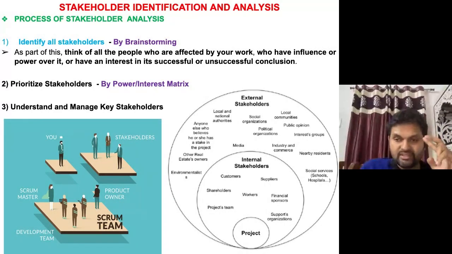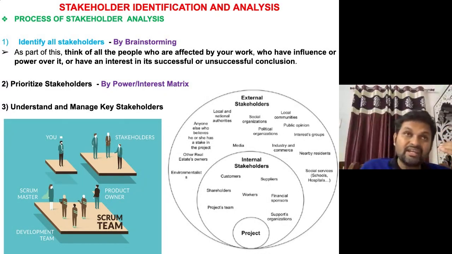When I'm talking about stakeholders, I can broadly classify them into two parts. The first is internal stakeholders, and the second is external stakeholders. Internal stakeholders means workers, the project team, project managers, banks which sponsored, customers, clients. They are all my internal stakeholders. Who are the external stakeholders?